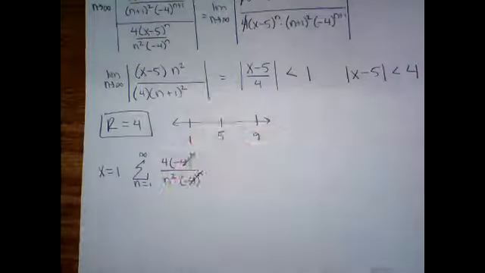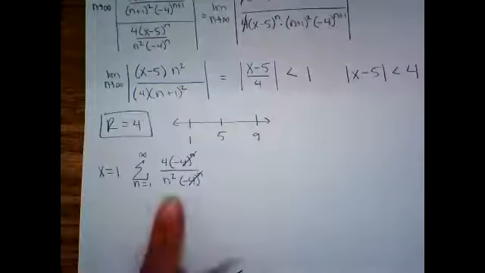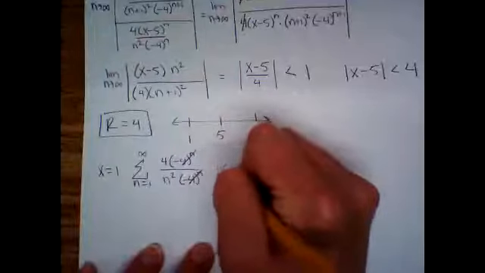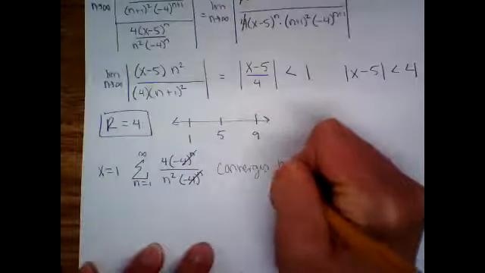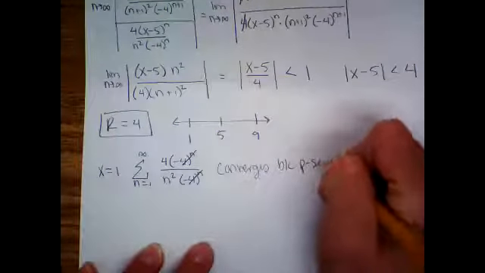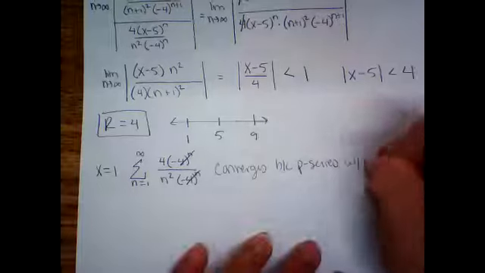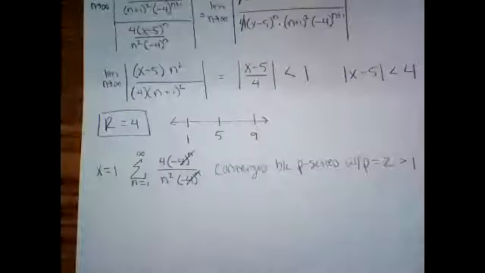Yeah, those cancel. And then what kind of series is that? P-series. Converge or diverge? Converges. Geometric is the other way around. It has to be smaller than 1. So we're going to include the 1.